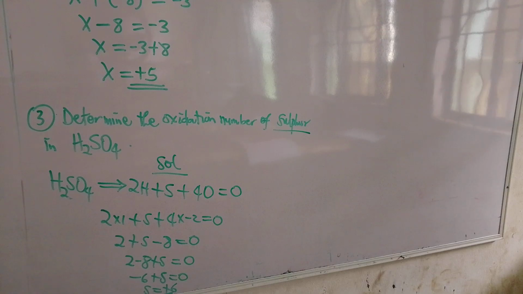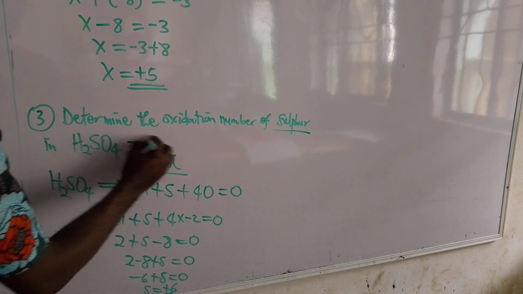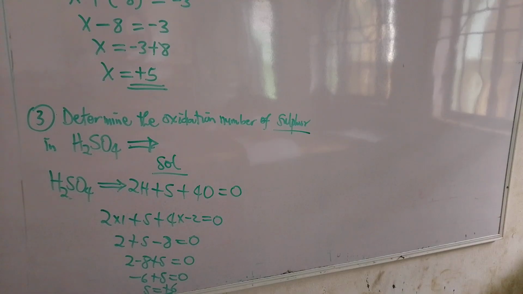So we have 6. So that is why you always hear them pronounce sulfate 6. So in this particular compound, sulfur is having oxidation number of 6. So you're hearing sulfate 6, sulfate 6. So if I want to tell you the name, this is an acid.